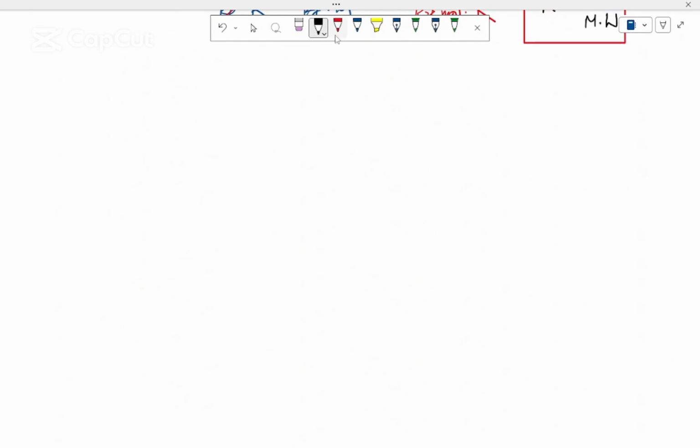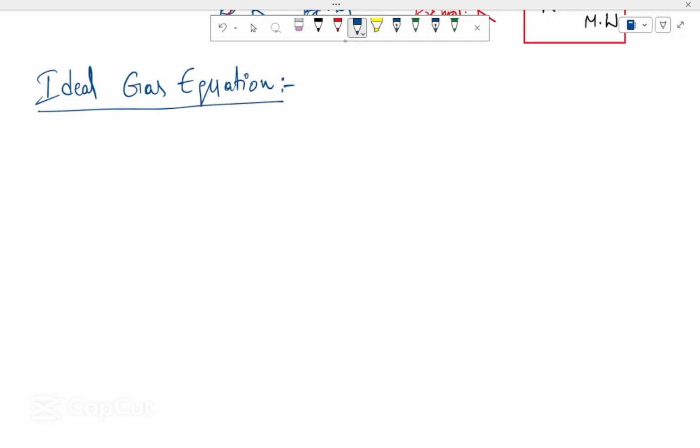This ideal gas equation can have many forms based on your R, based on your M, and so on. Let us take the first form and call it 1A, or the 1A form.